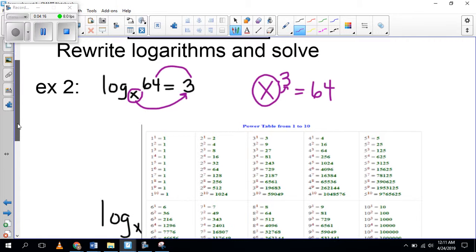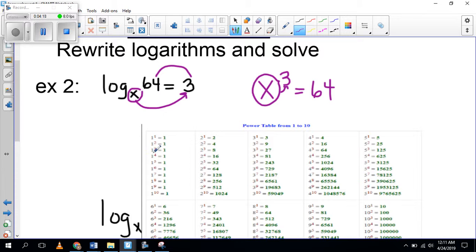Since I know it's to the third power, I'm looking at the third row. 1 to the third is 1. 2 to the third is 8. 3 to the third is 27. And remember, I need 64. 4 to the third is 64. So my answer would be 4, because 4 to the third equals 64.